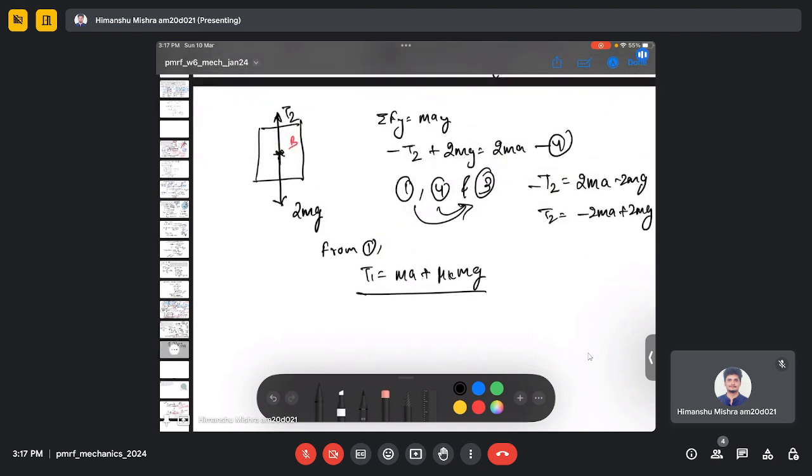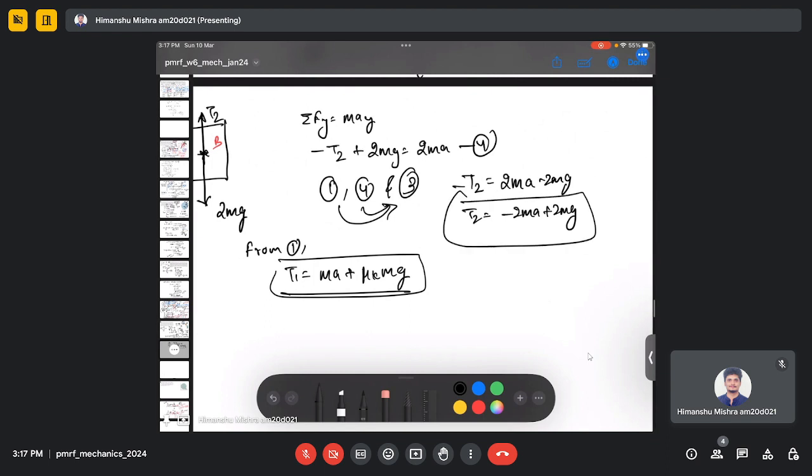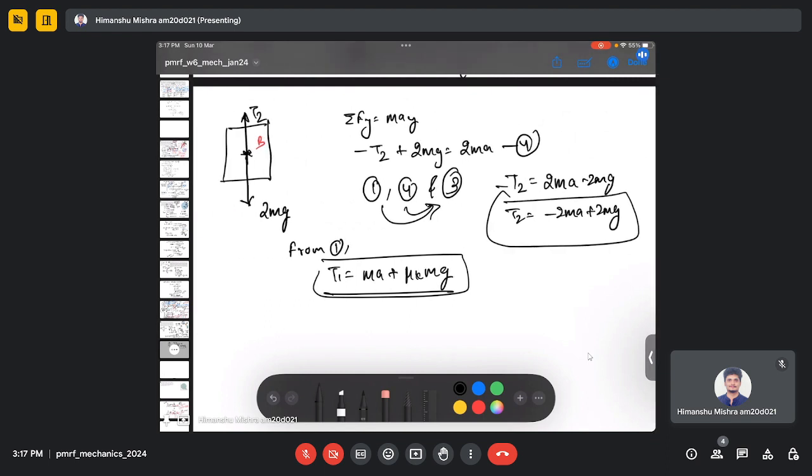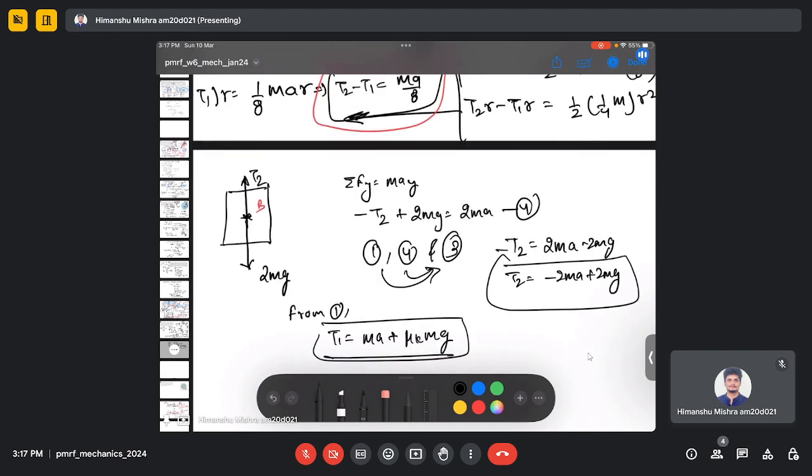So if I substitute these expressions from equations 1 and 4 in equation 3, we can actually define the relation between force and the acceleration.